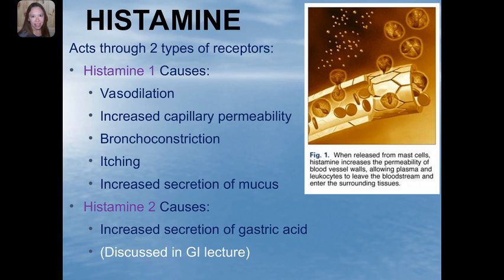When it comes to the allergic response with allergic rhinitis, it's really the histamine 1 receptor that's getting turned on. And what we're seeing being released from those mast cells, the histamine, is going to cause vasodilation, increased capillary permeability, bronchoconstriction, itching, and increased secretion of mucus.